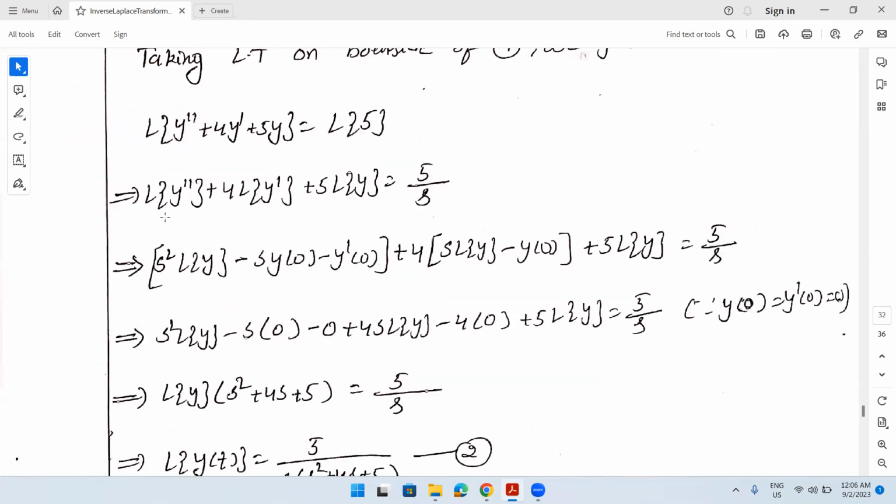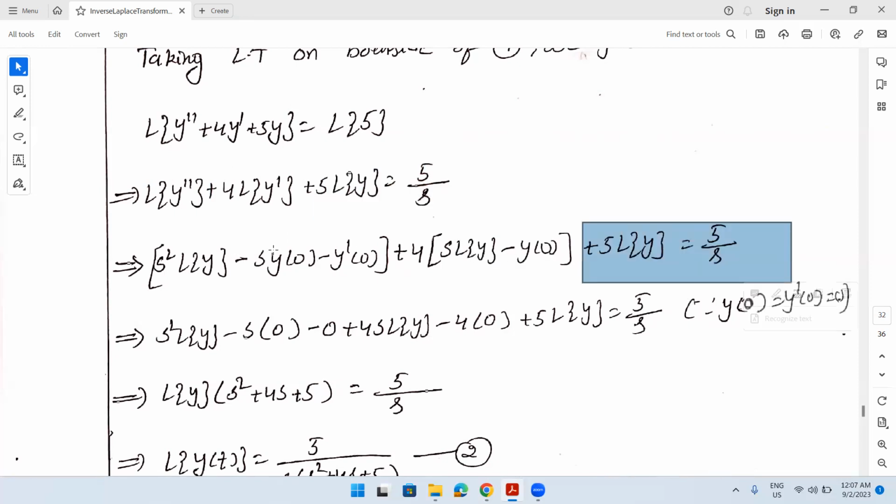So L of y double dash is s square L of y minus s into y of 0 minus y dash of 0. This is a direct formula. And L of 4 into L of y dash is again a direct formula: s into y bar of s, as we have seen in the formula. In the place of y bar of s, we can also write L of y. The remaining terms are as is.